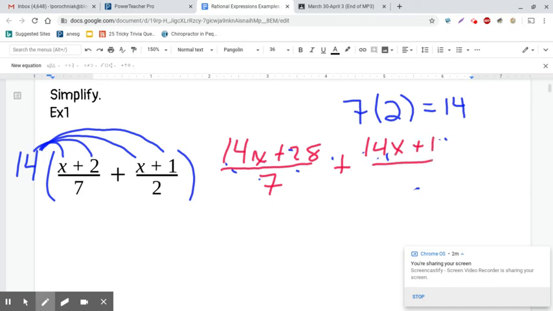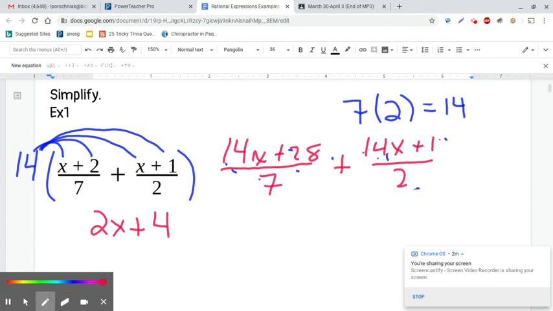And that's all going to stay over the same denominator as 2. So guys, like we did before, we're just going to divide, but we divide each side. So 14x divided by 7 gives us 2x. Plus 28 divided by 7 gives us 4. So this whole thing here became that.